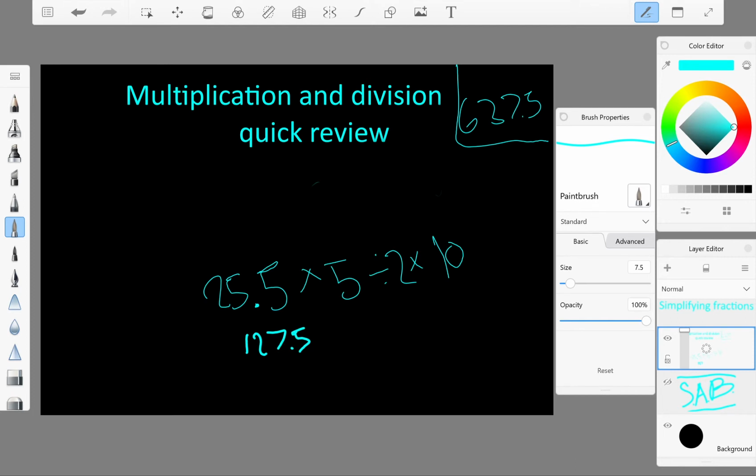So it's 127.5, okay? And then when we divide by 2 and then multiply by 10 eventually, we're going to get, let's see, 126 goes in 63. So 63.75 times 10.